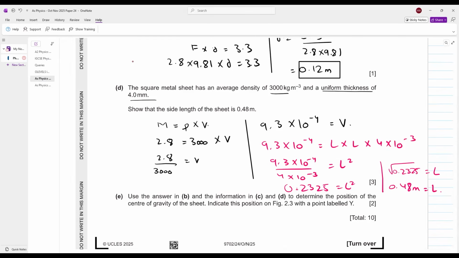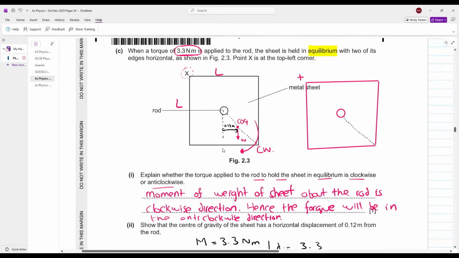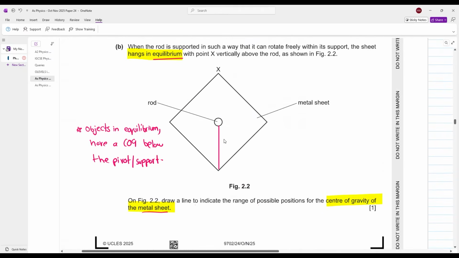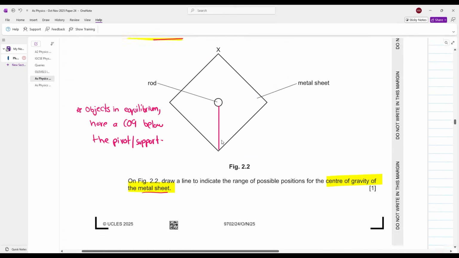Okay. Use the answer in B and the information in C and D to determine the position of the center of gravity of the sheet, indicate the position on figure 2.3 with a point labeled Y. Okay, so what do we have to do? Use the answer in B. Okay, where is the answer in B? अच्छा, answer in B हमें ये बता रहा है that the center of gravity will lie below the support.